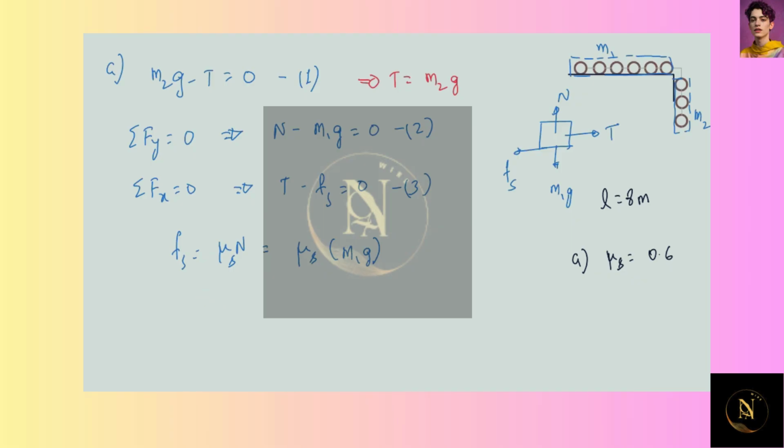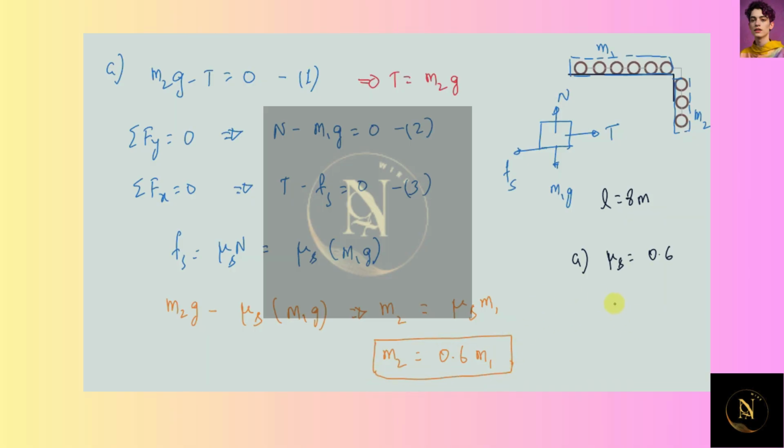So we'll get m2g minus mu s times m1g equals 0. From here we'll get the value of m2 as mu s times m1, and mu s is 0.6, so m2 would be equal to 0.6 times m1. So this is the relationship between m2 and m1.